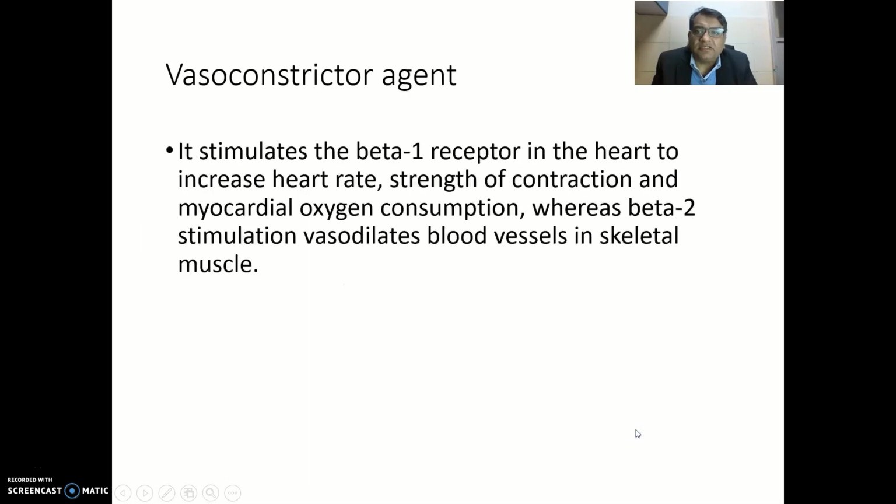Now the vasoconstrictors: epinephrine stimulates the beta receptors in the heart to increase the heart rate, the strength of contraction, and the myocardial oxygen consumption, whereas beta 2 stimulation vasodilates the blood vessels in skeletal muscles. This can lead to a potential interaction with beta blockers, but it is just of theoretical concern.